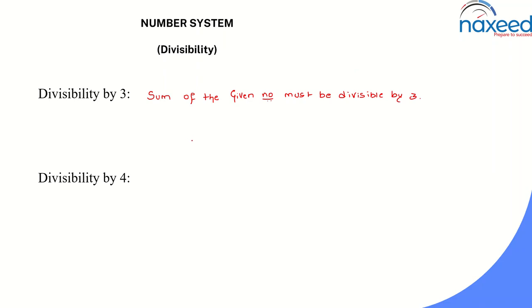Take an example here, like 7452381. Sum of the digits is 7 plus 4, 11, 11 plus 5, 16, 16 plus 2, 18, 18 plus 3, 21, 21 plus 8, 29, 29 plus 1, it is 30. 30 divided by 3, yes, it exactly divides. So the whole number is divisible by 3 also.